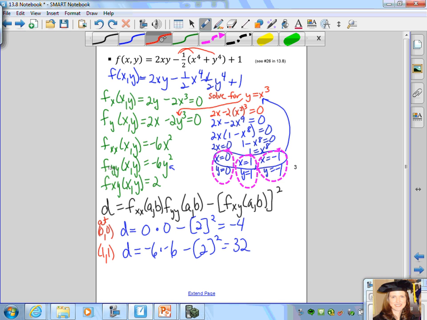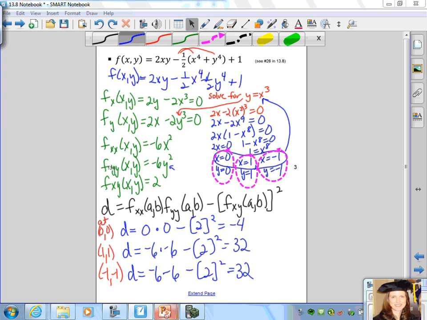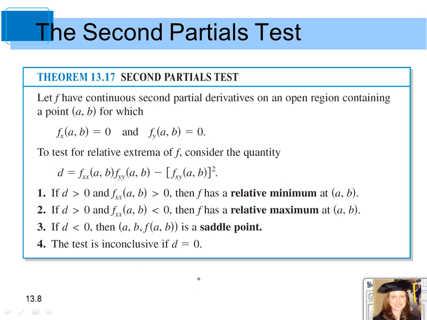And then at the last critical point, (-1, -1), the value for D, plug in negative 1 for x and y, it's negative 6 times negative 6 minus that 2 squared. Again, you get 32.